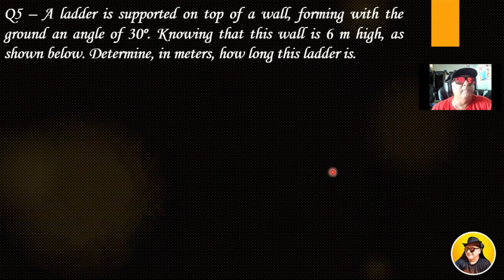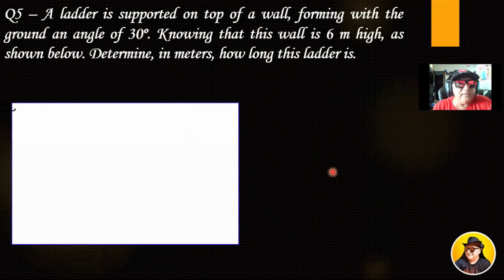Word problem 5. A ladder is supported on top of a wall, forming with the ground an angle of 30 degrees. Knowing that this wall is 6 meters high, as shown below, determine in meters how long this ladder is. Let's do it. This is the wall. It is about 6 meters.